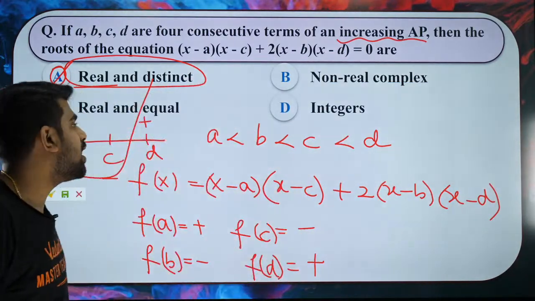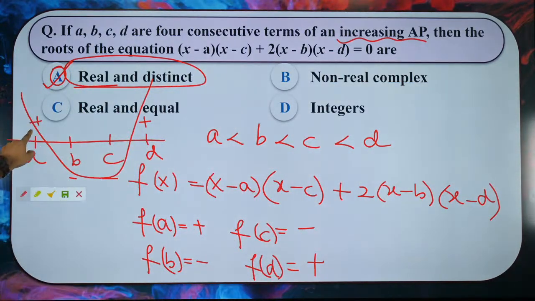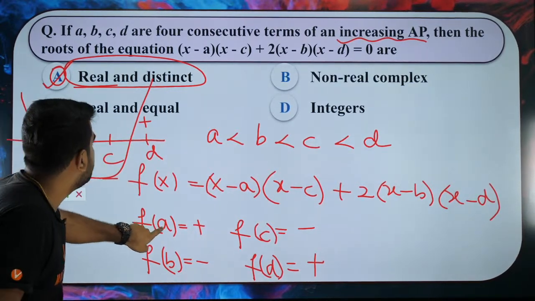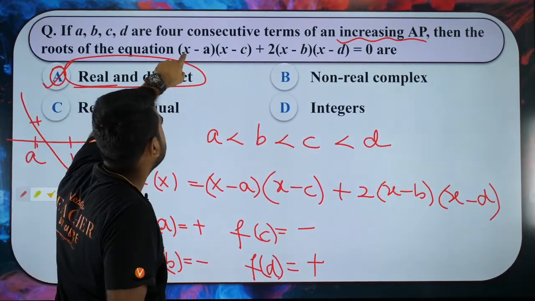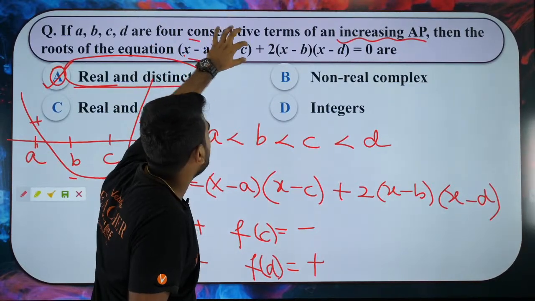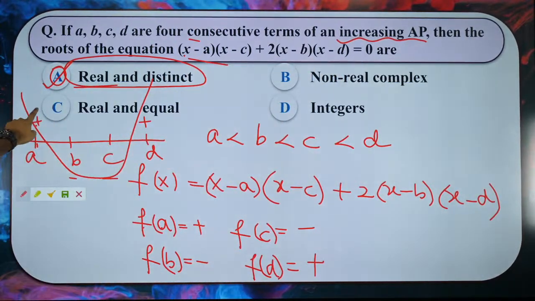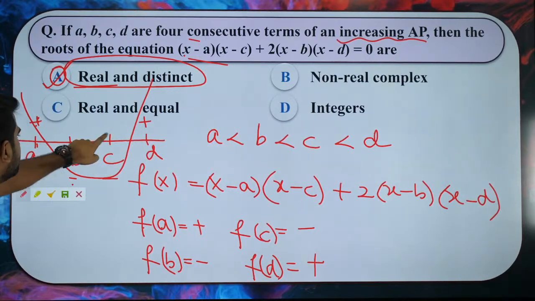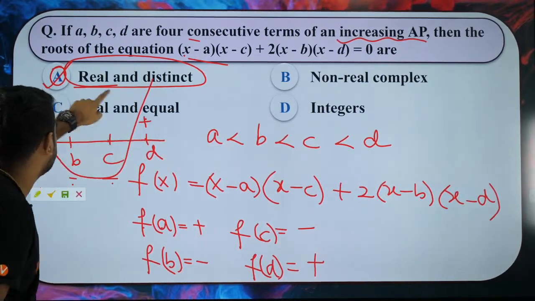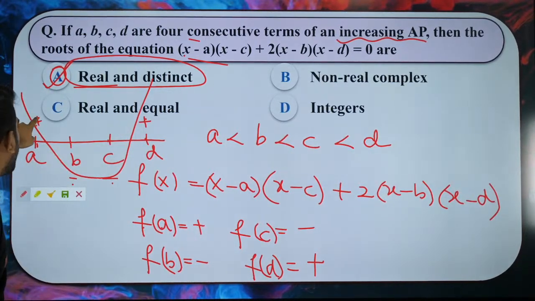Asim, I did not draw the curve exactly. See, at A, the functional value is positive, because if you put A in the place of X, you will get this to be 0 and this will be positive. So A is positive, B is negative, C is negative, D is positive. If it is positive and negative, then it will have a root in between.